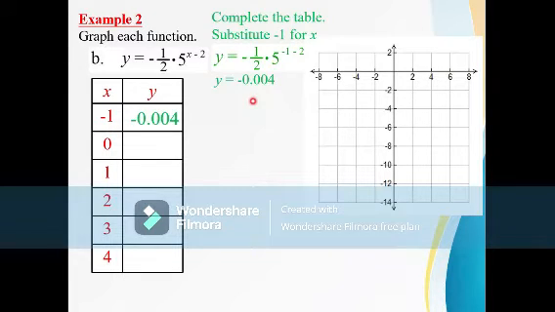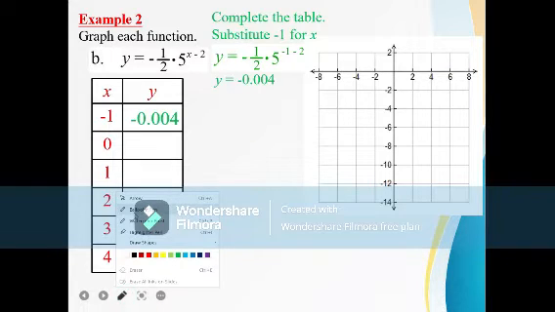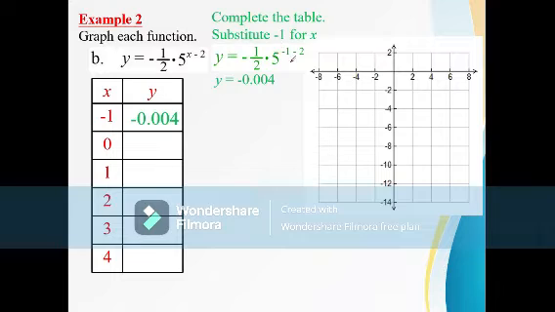Then it becomes, okay, let's try. So this becomes negative 1/2 times 5 to the power of negative 3.